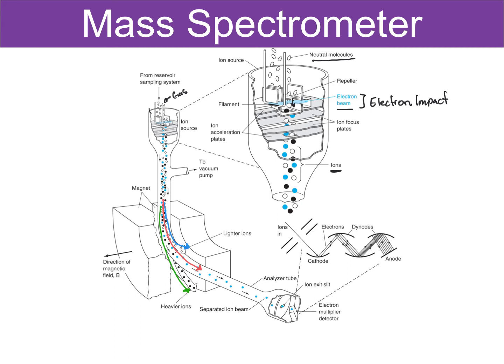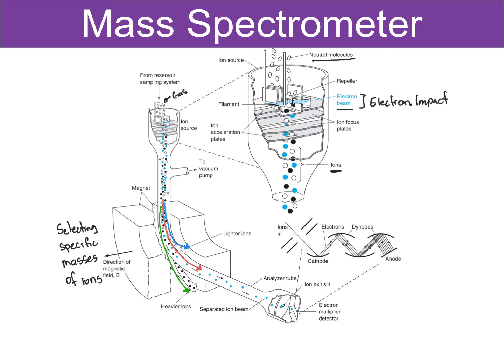And so what this magnetic field is doing, it is selecting specific masses of ions.